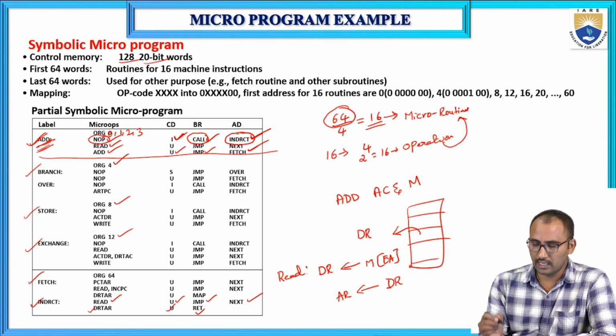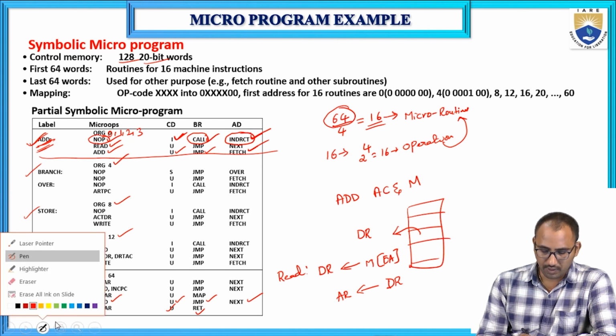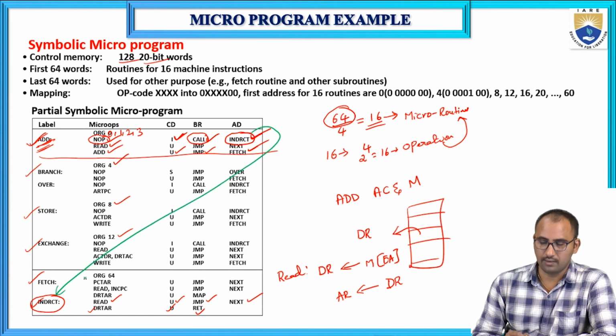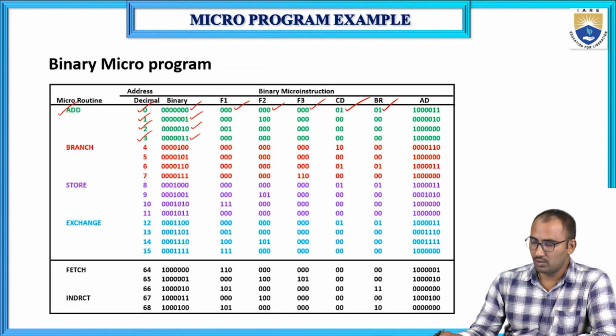Next, after executing, what is the address? Indirect. Where is indirect? Here. So the program control will be transferred from here to here. What is the indirect address?